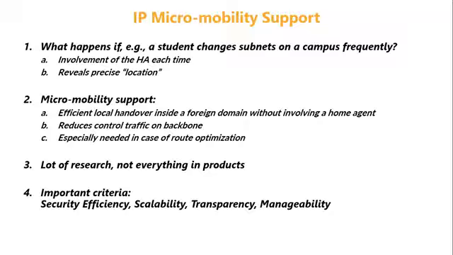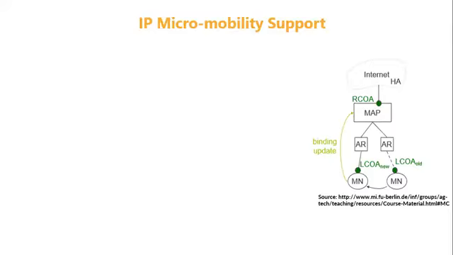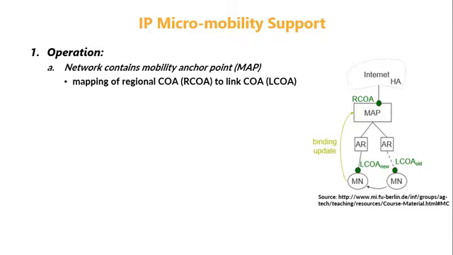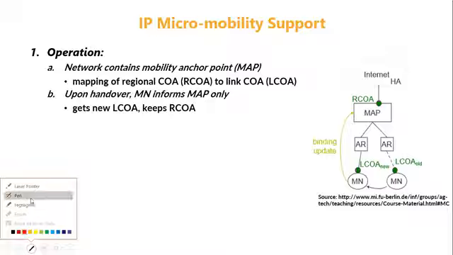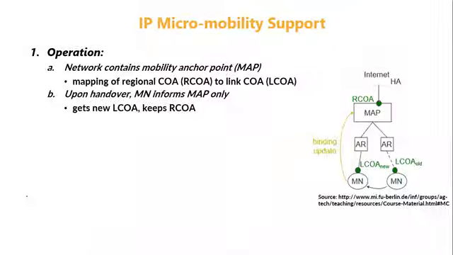Fine. Next we shall discuss one example of IP micro mobility. This concept is called hierarchical mobile IP version 6, also called HMIPv6. Basically, this is an example of IP micro mobility support.